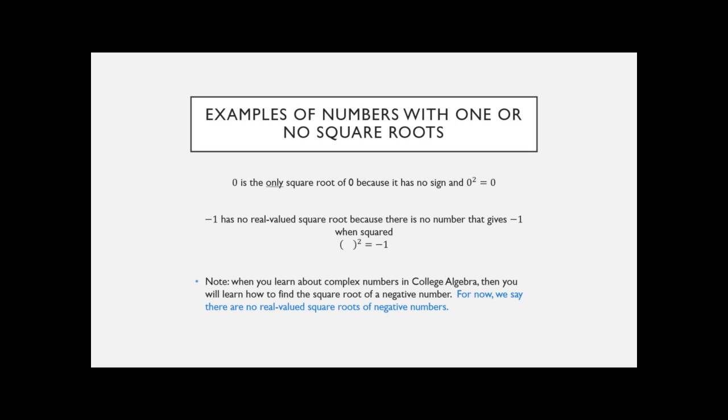But for now, you don't have to worry about that, so we just say there is no real valued square root because there are no real numbers that when squared give you a negative. So that's really important. This is the terminology of the book, no real valued square roots. That's very important terminology.